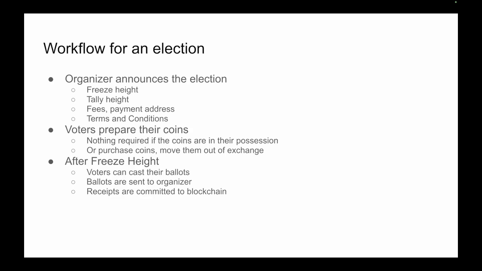So after the freeze height happened, now the voters can use the tool or use the wallet, use whatever voting machine we offer to cast their vote. So casting a vote is basically making a message and sending that message directly to the organizer. Then the organizer will commit a receipt, will acknowledge that it has received that vote by making a transaction on the Zcash regular blockchain.